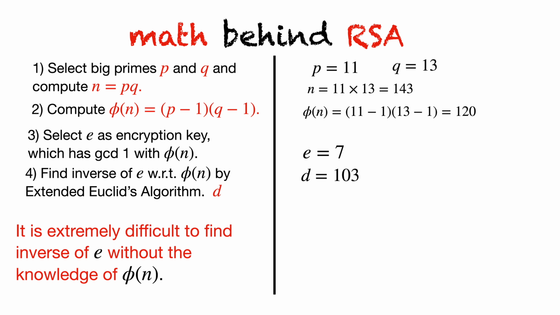I will only give the value n, and without the knowledge of p and q, the attacker will not be able to calculate phi n, and if he is unable to calculate phi n, it is nearly impossible to get the value of the inverse of this e as d.